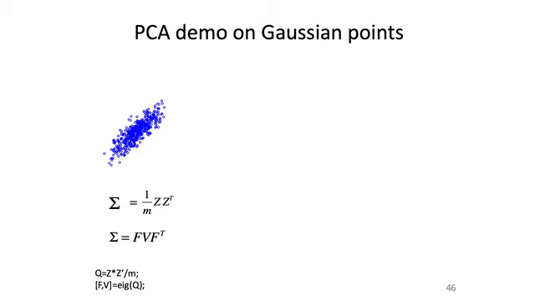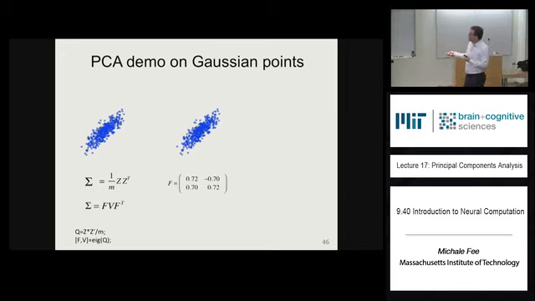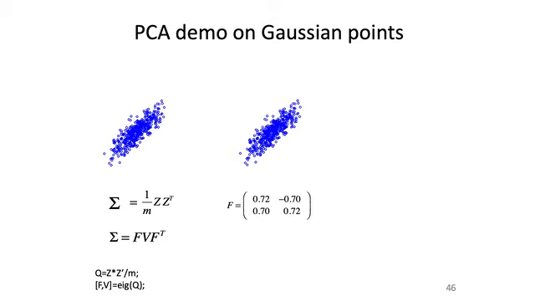Q is the variable name for the covariance matrix. It's z transpose over m. Call eig of Q. That returns the rotation matrix, the columns of which are the eigenvectors.